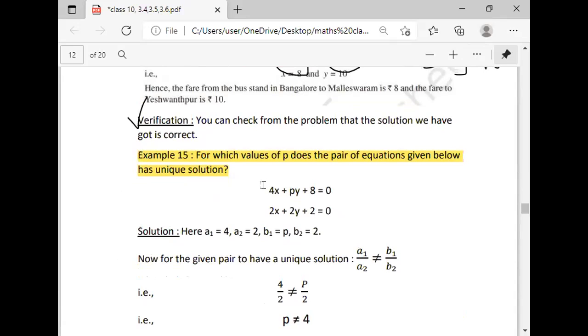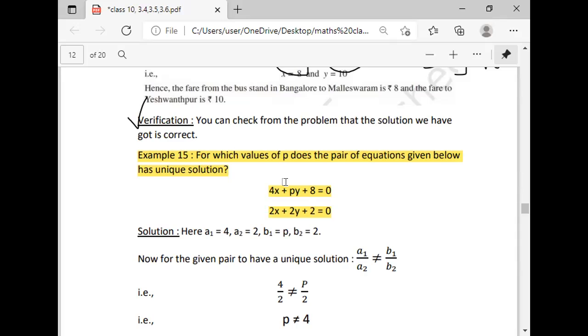The equations are given: 4x plus py plus 8 is equal to 0, and 2x plus 2y plus 2 is equal to 0. A pair of equations is given. And what is the question? For which values of p does the pair of equations given below have a unique solution?